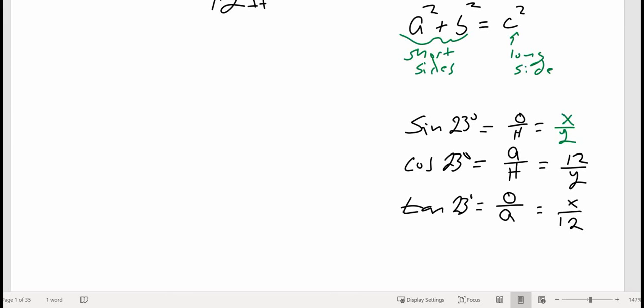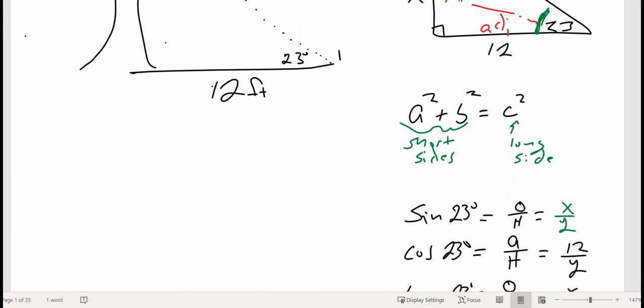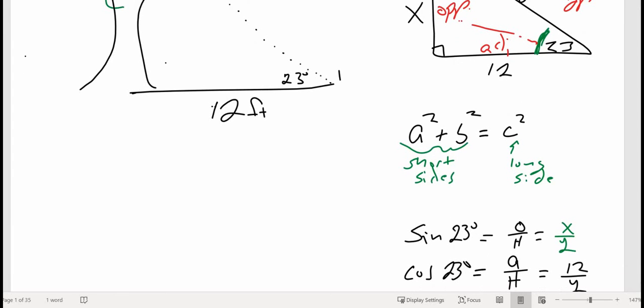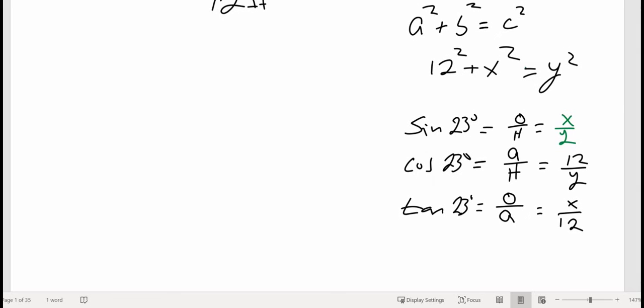So when I see any kind of basic right triangle, my first thought's the Pythagorean theorem. And I go, okay, I could fill in the blanks with that Pythagorean theorem, okay? And that would be 12 squared plus x squared equals y squared, okay? Then I could fill in the blanks with the sine and stuff like that.